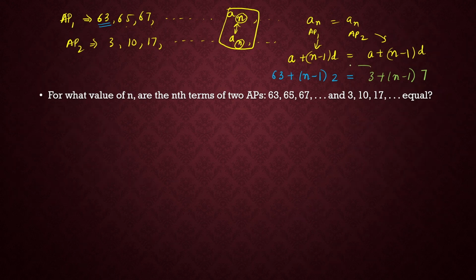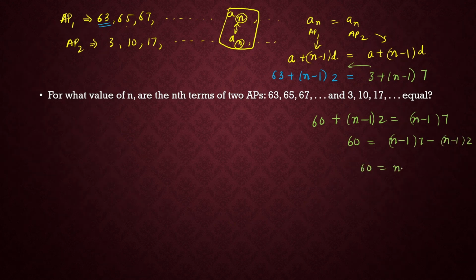Right? So if I take this 3 to the other side, it becomes 60 plus (n minus 1) into 2 is equal to (n minus 1) into 7. So you'll get 60 is equal to (n minus 1) into 7 minus (n minus 1) into 2. Taking n minus 1 as common, you get 7 minus 2.